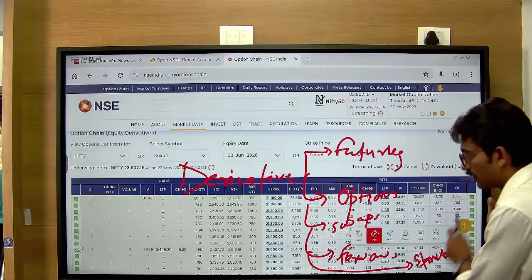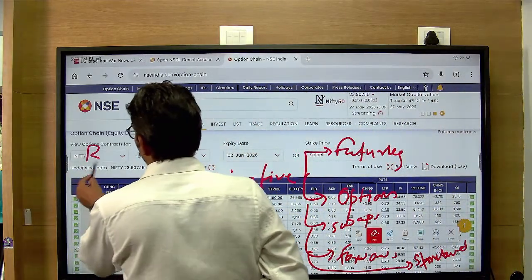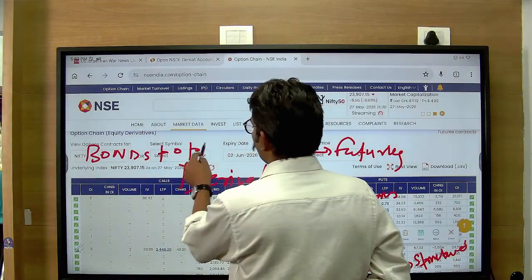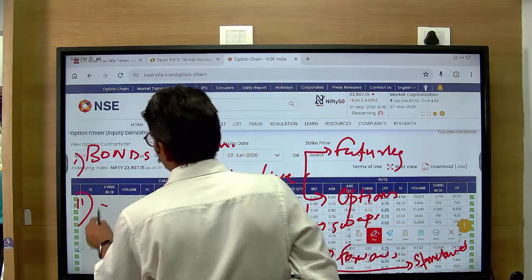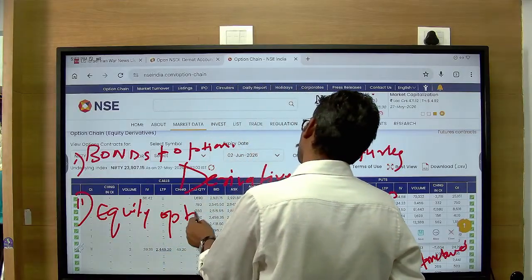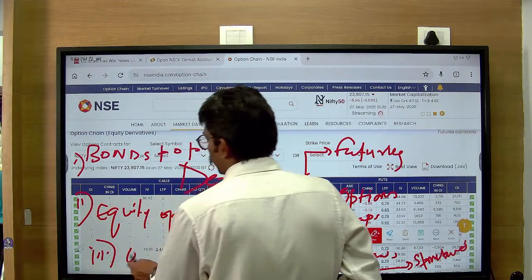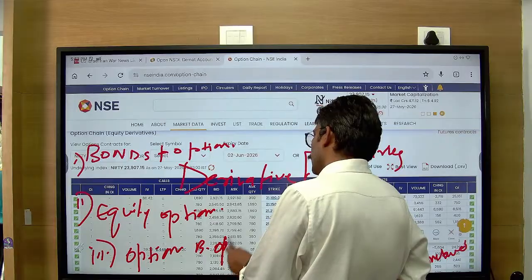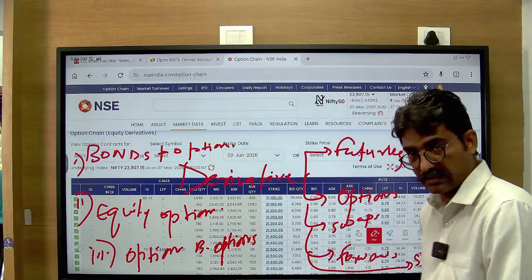You go on mixing: you can mix options with bonds, with equities, options plus options, and there is no dearth of instruments. Those are the types of asset classes.